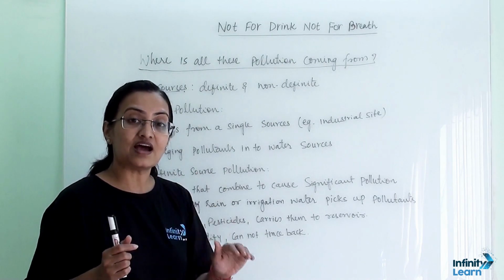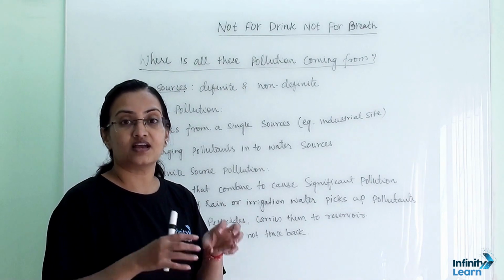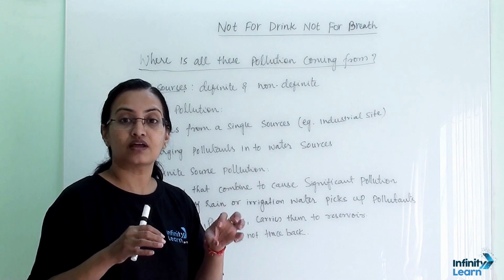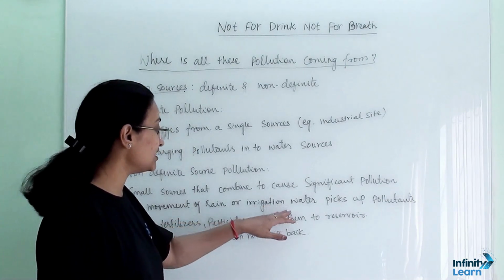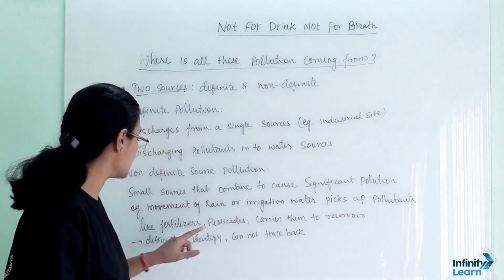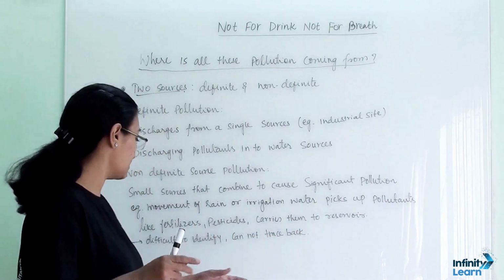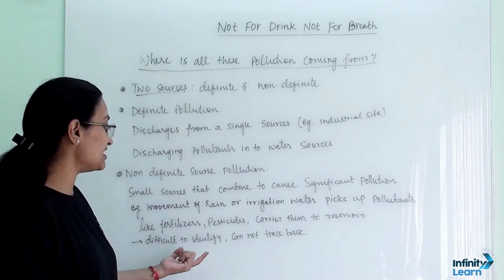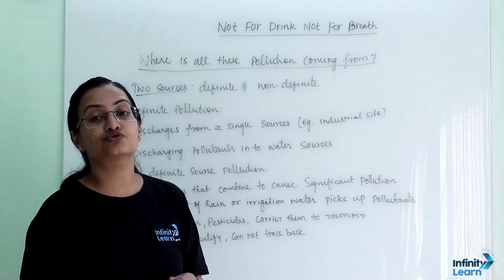So in that we cannot locate from where this pesticide or herbicide or chemicals have come. For example, movement of rain or irrigation water picks up pollutants like fertilizer, pesticide, and carries them to the reservoir. It is difficult to identify and we cannot trace it back to where this pollution has come from.